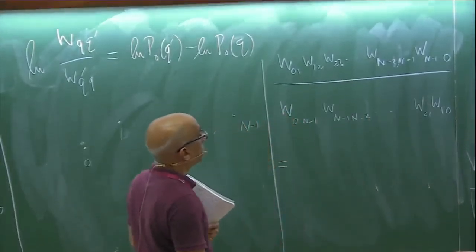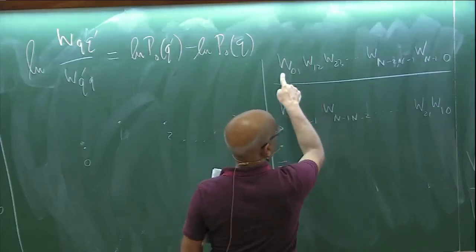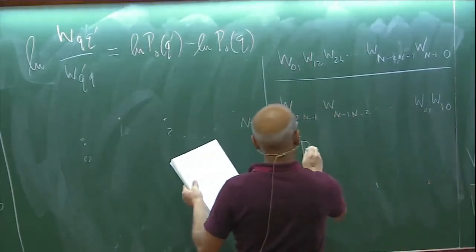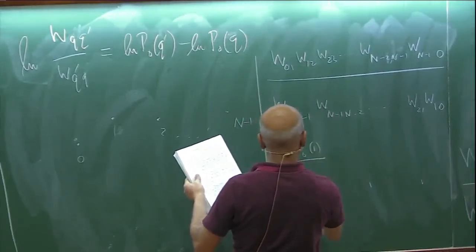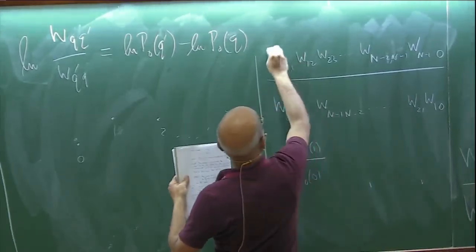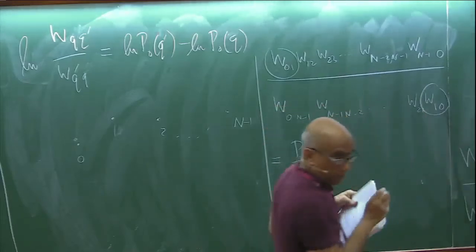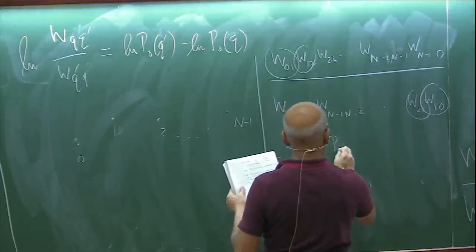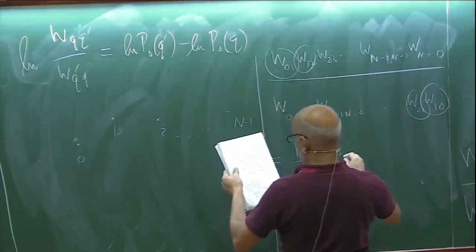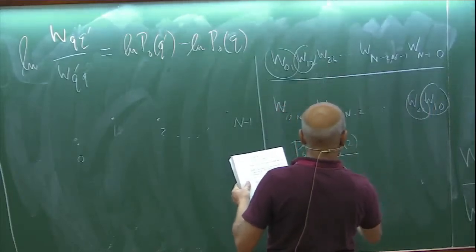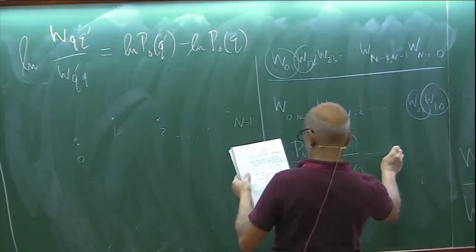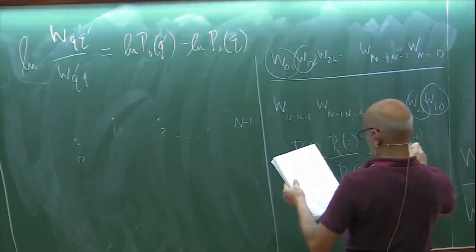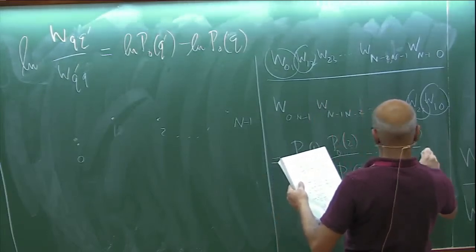What is that going to be? This 0 to 1 divided by 1 to 0 is P0 of 1 divided by P0 of 0, right? This guy and this guy. 1 to 2 and 2 to 1 is P0 of 2 over P0 of 1, and so on, up to P0 of n minus 1 over P0 of n minus 2.